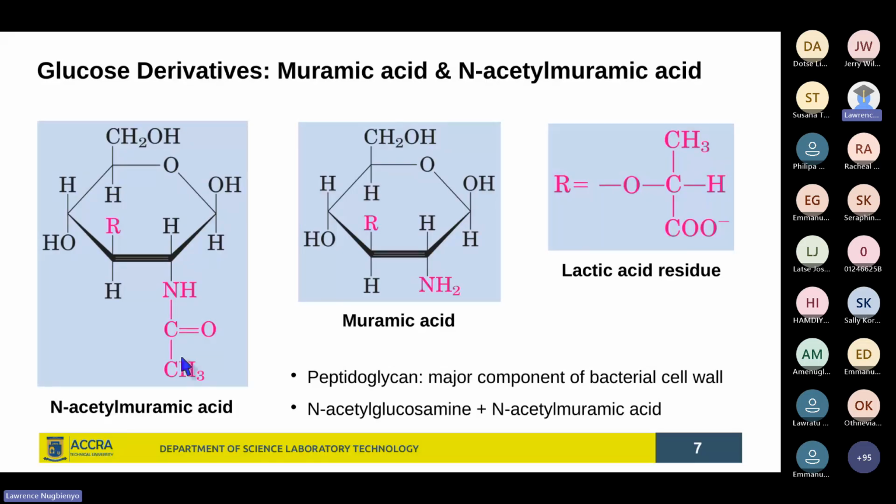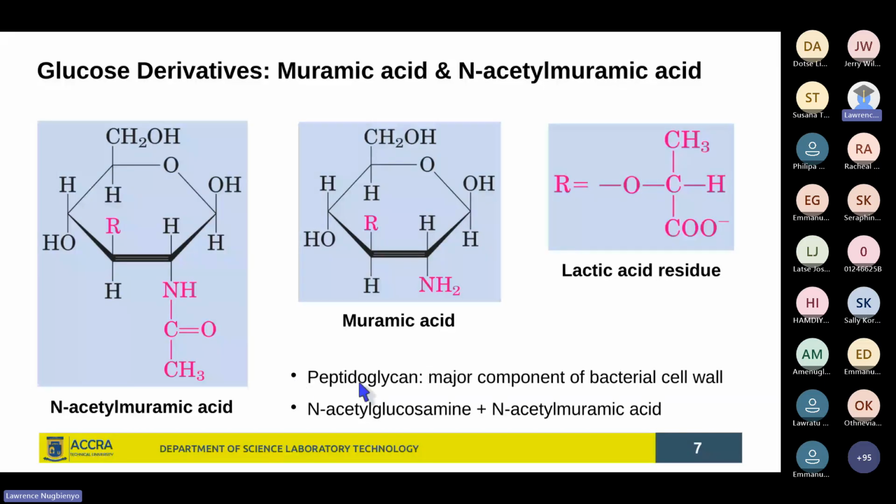If you have N-acetylglucosamine, N-acetylmuramic acid binds, then another N-acetylglucosamine binds to that, and it continues, alternating in a chain: N-acetylglucosamine, N-acetylmuramic acid, N-acetylglucosamine, N-acetylmuramic acid, forming a long chain structure called peptidoglycan.